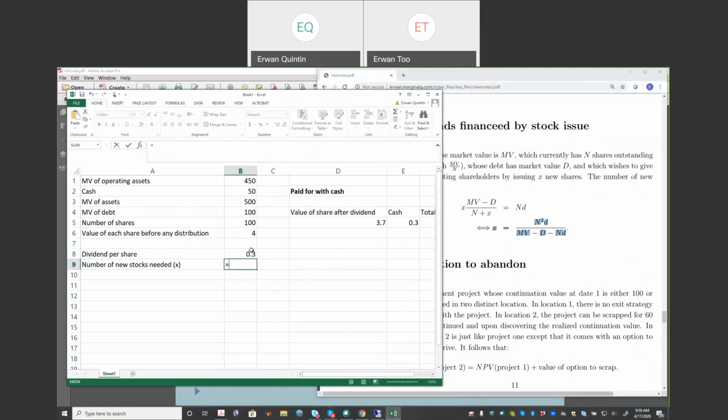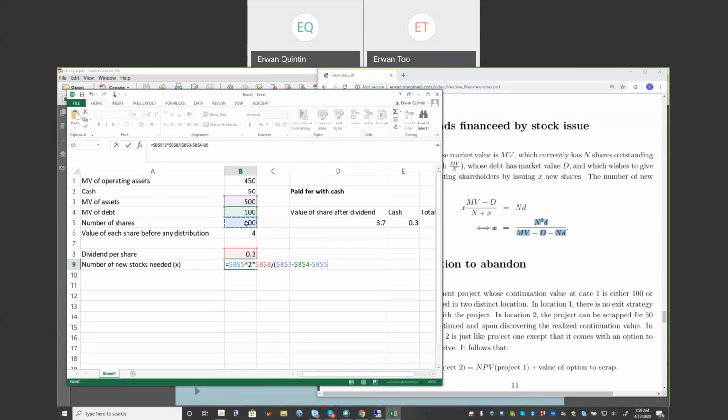So it says N squared, N is the number of old shares, squared, times the size of the dividend. And again, I'm not being good about my F4 use. Let me be better about my F4 use. So that's the numerator of this expression. And then I'm going to enter the denominator, which is market value, F4, minus the debt, F4, minus N.